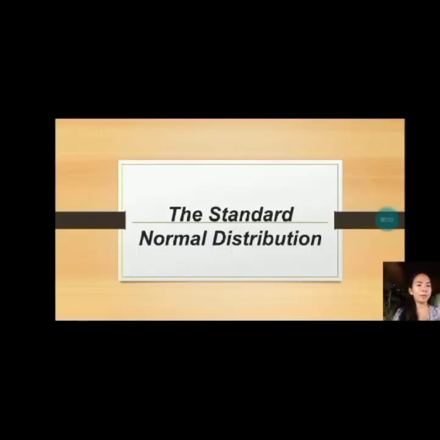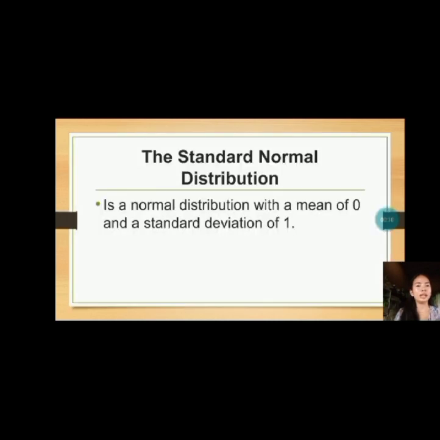Good afternoon, ma'am. I'm going to report about the standard normal distribution. So, what is the standard normal distribution? The standard normal distribution is a normal distribution with a mean of 0 and a standard deviation of 1.